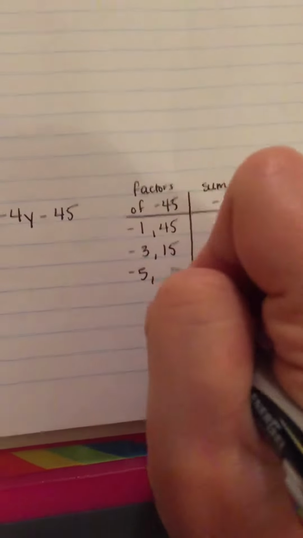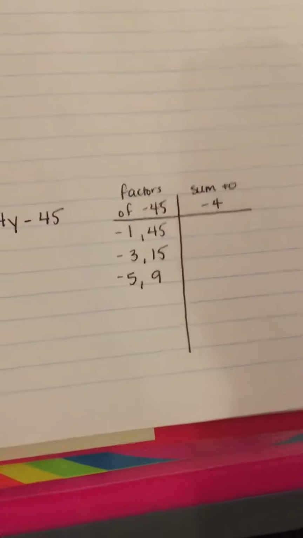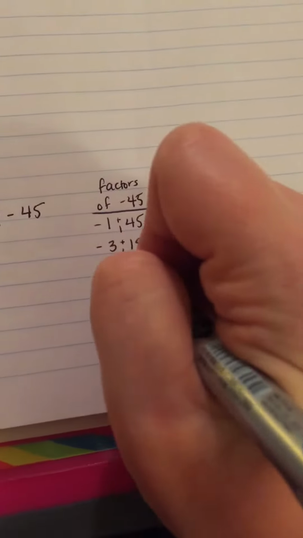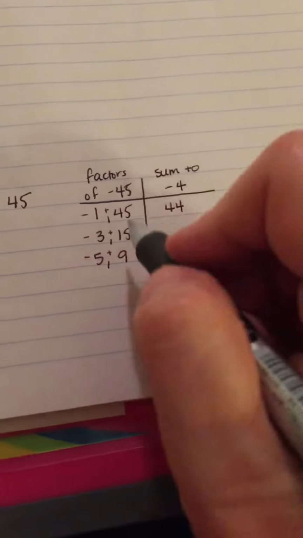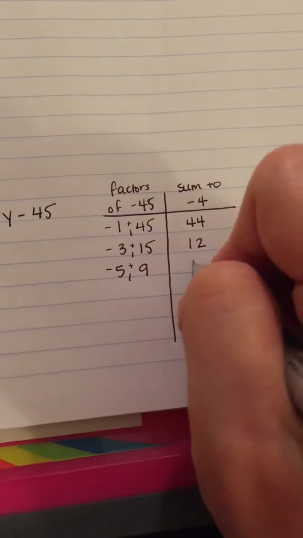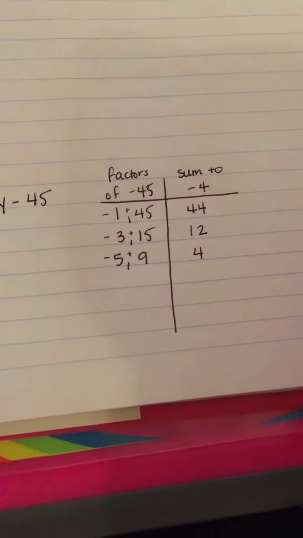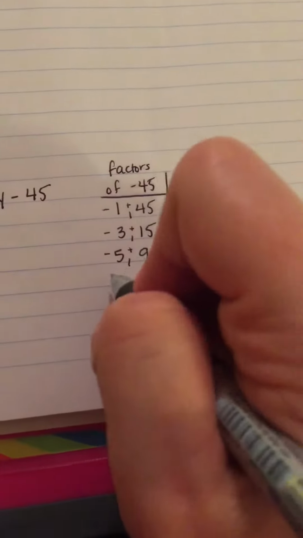negative 5 and 9. Okay, but one of the things you need to realize is that when you start adding these together, this is going to give you a positive 44, this is going to give you a positive 12, and this is going to give you a positive 4. Well, we want our answer to become a negative 4. So the placement of the negative does make a difference.